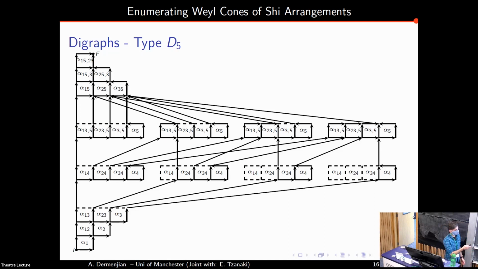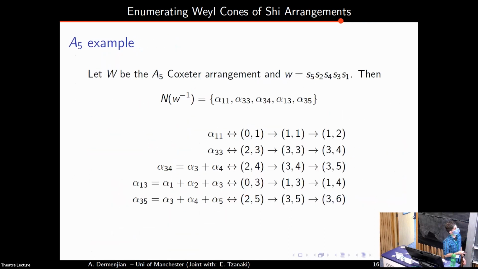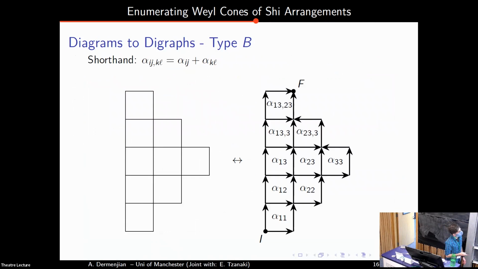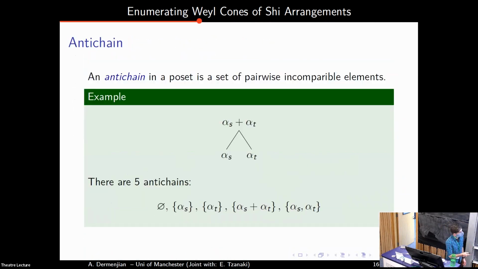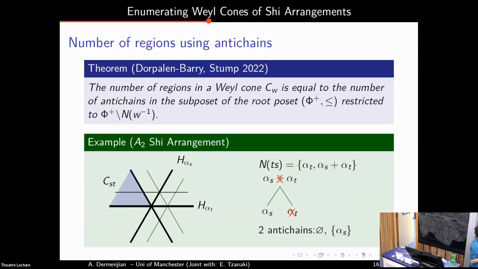So basically the idea is that whenever you hop over a hyperplane, and this is the result that Galen and Christian had, you're basically getting rid of the hyperplane that you hopped over. For example, if you hop over this one, you can now no longer get back to this one, because you've gone into the negative part for this, so you can never see the positive part of that.